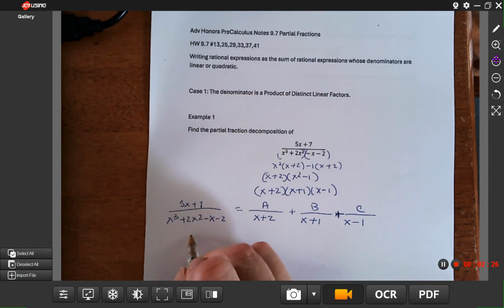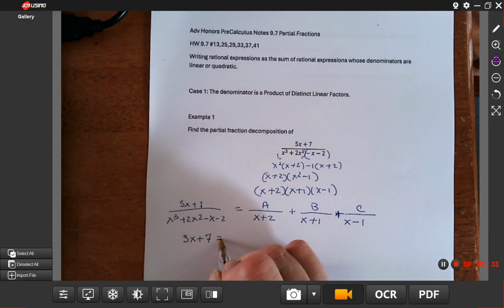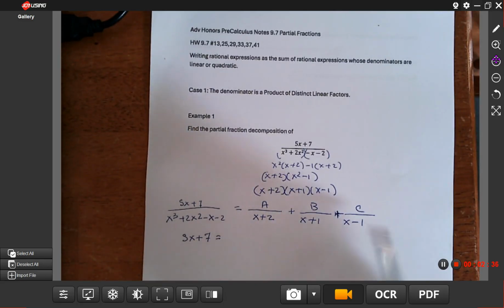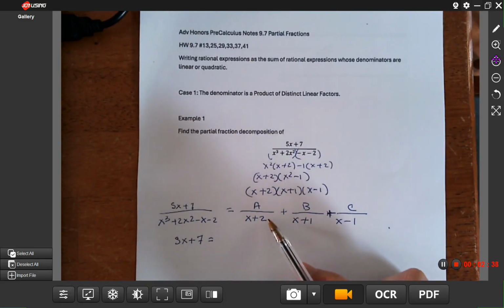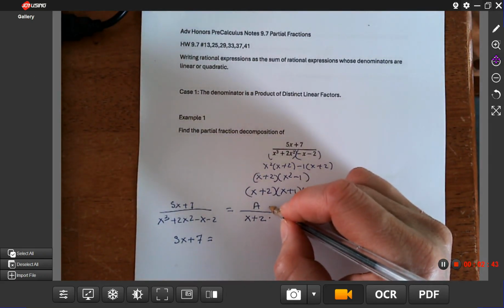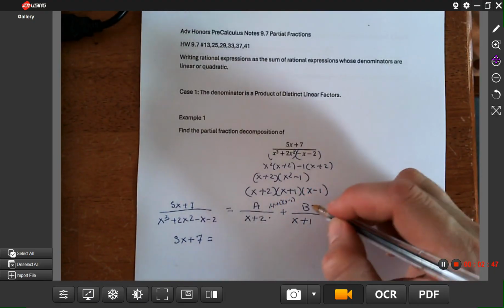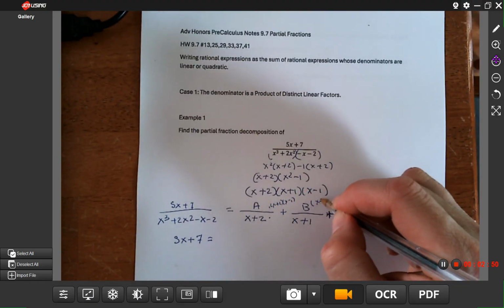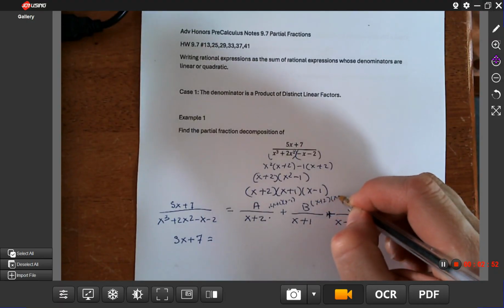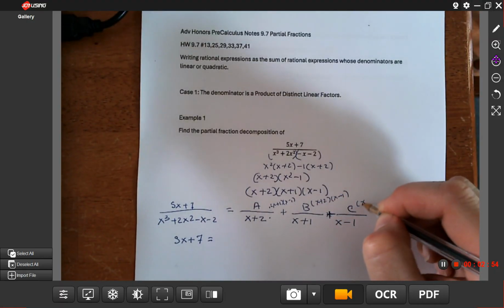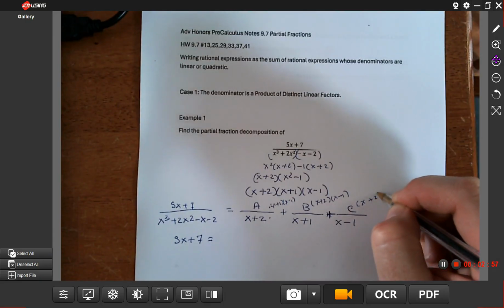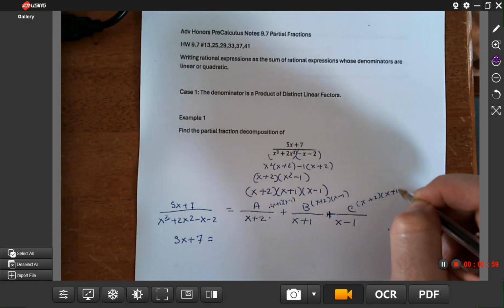So the numerators are going to be a, b, and c, and we'll figure out what they are. So the numerator is equal to, think, if I'm going to add these together, I have to multiply each one by the missing factor so I get the common denominator. So I'd have to multiply this by x plus 1 times x minus 1, and this by x plus 2 times x minus 1, and this by x plus 2 times x plus 1.